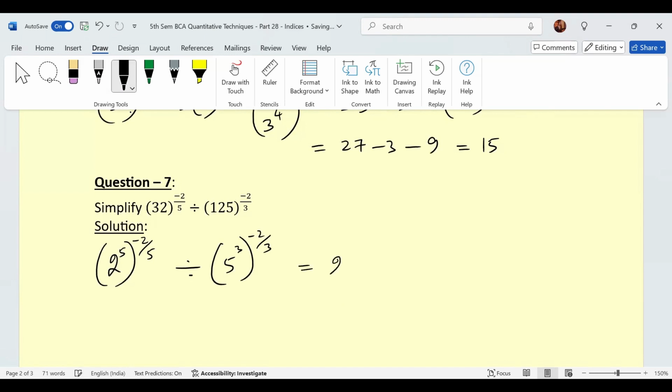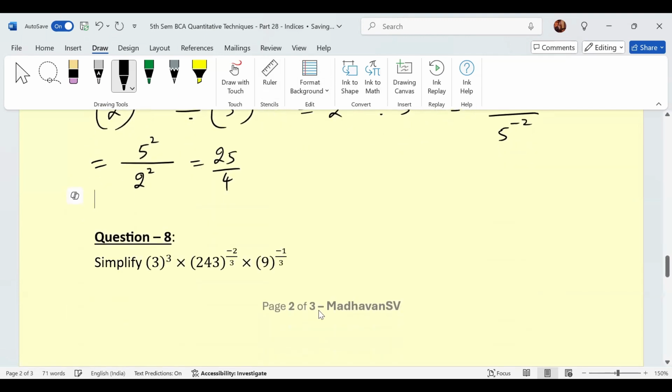That is 2 to the power of minus 2, divided by 3 gets cancelled, you get 5 to the power of minus 2. So that is nothing but 2 power minus 2 divided by 5 power minus 2. Bring the numerator to denominator, it becomes 2 square. Denominator to numerator, it will become 5 square. 5 square is 25, 2 square is 4. That will be the result for this 7th question.